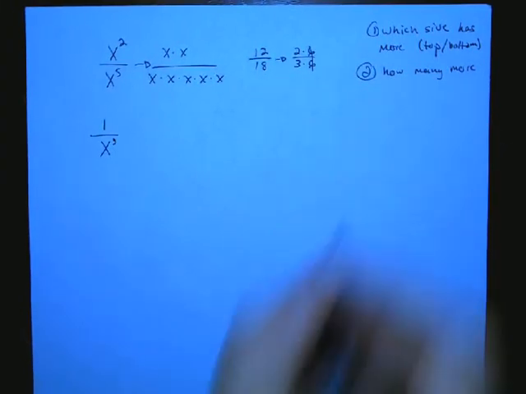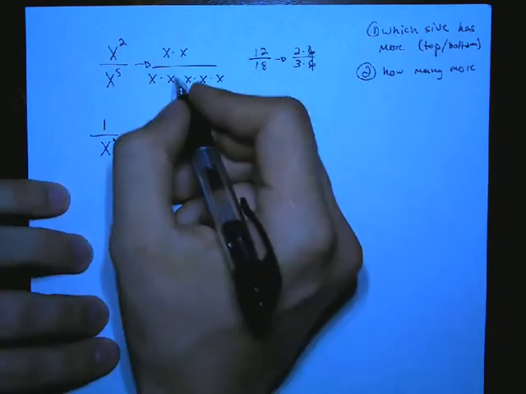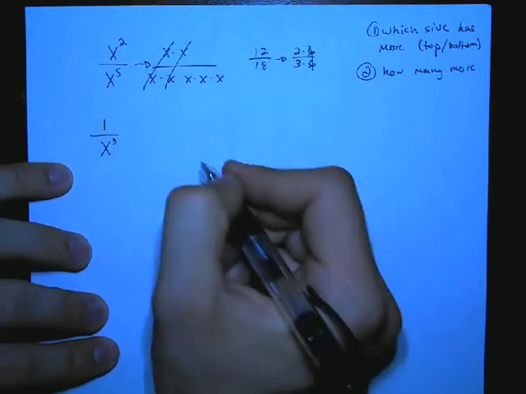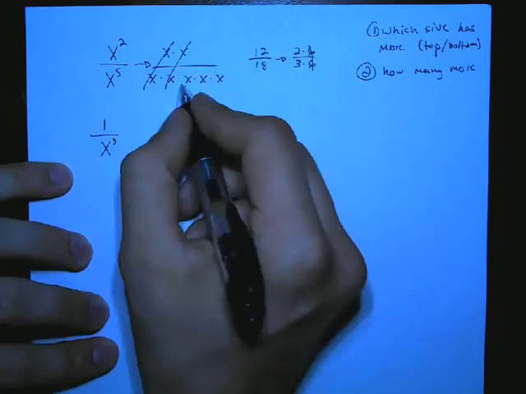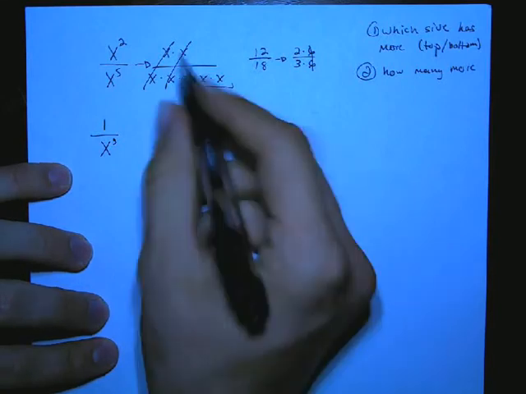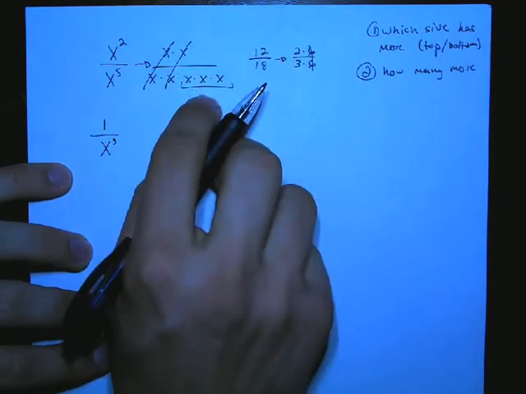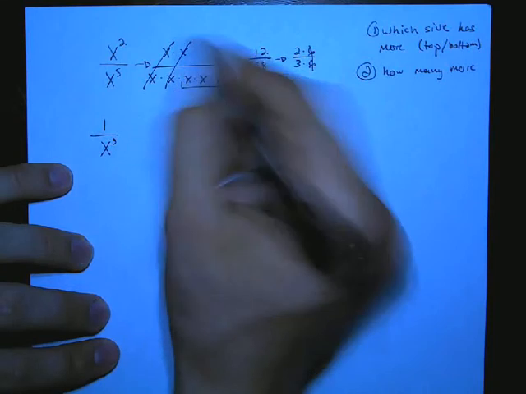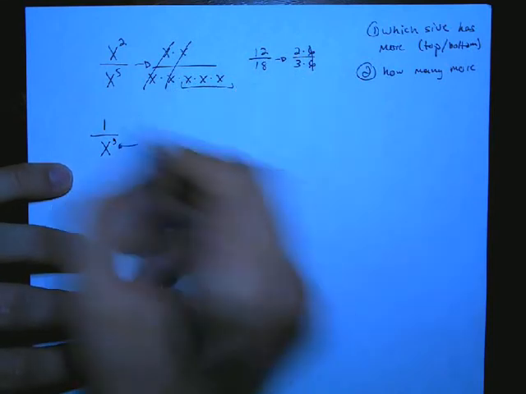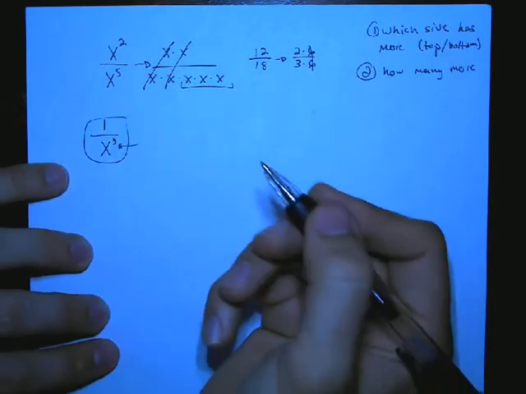Pull out the common factor. The same thing is true here. I can pull out those common factors. They both have an x. That leaves me with 3. 2 x's on top, 5 x's on the bottom. There are more x's on bottom, so I know it will end up being here. How many more? Well, after I cancel out those 2, there are 3 left. That's why we ask how many more. You want to know how many will be left.